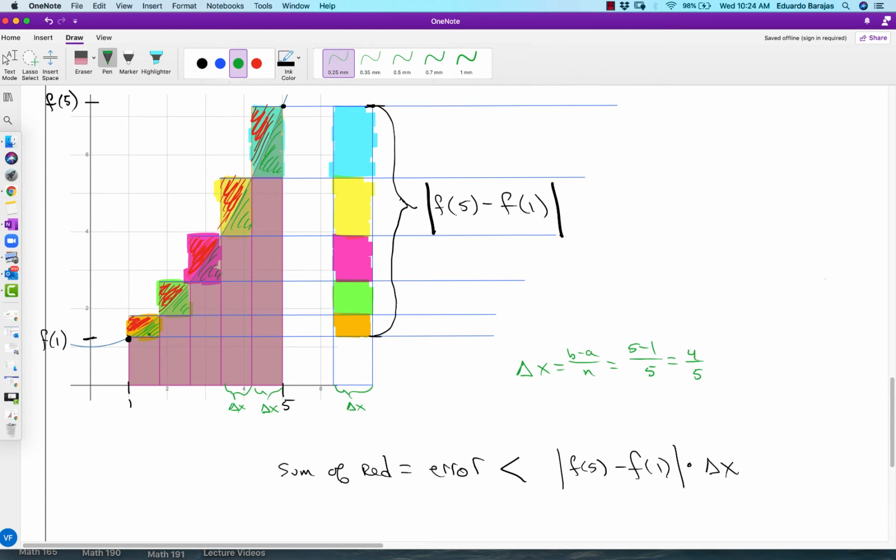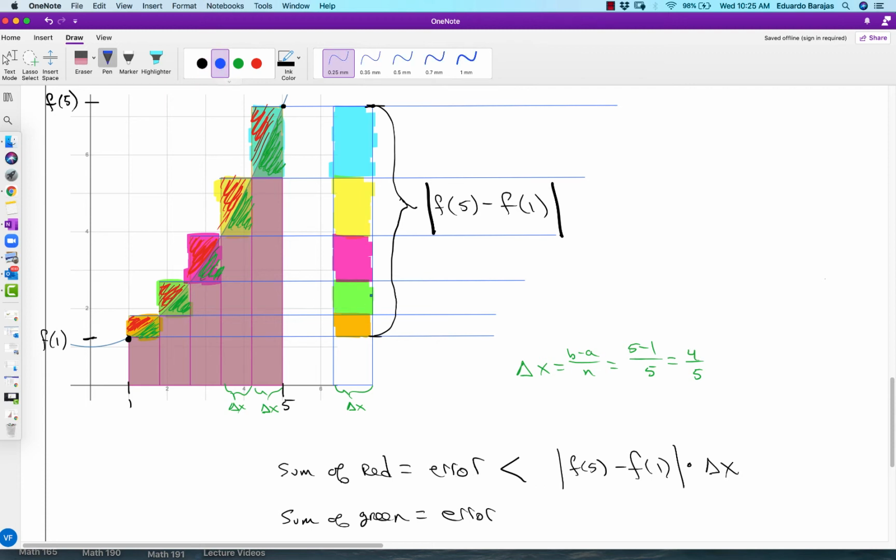On the other hand, if we just calculate these almost triangles that are right here, the sum of all of those would have been the error under a different estimation. Sum of the green is equal to the error under a different estimation. So this one was by estimating L sub 5, and this one is by R sub 5.